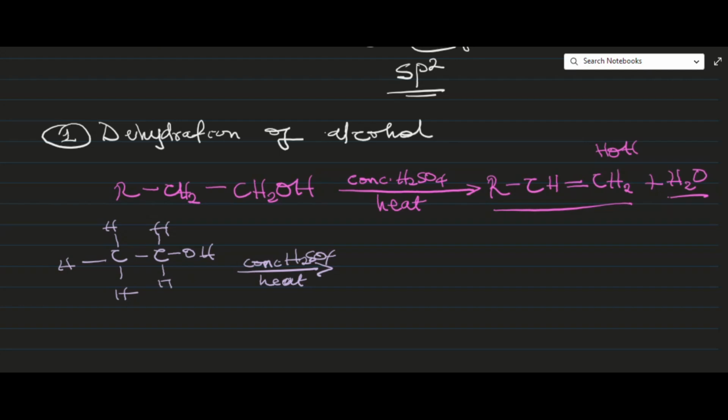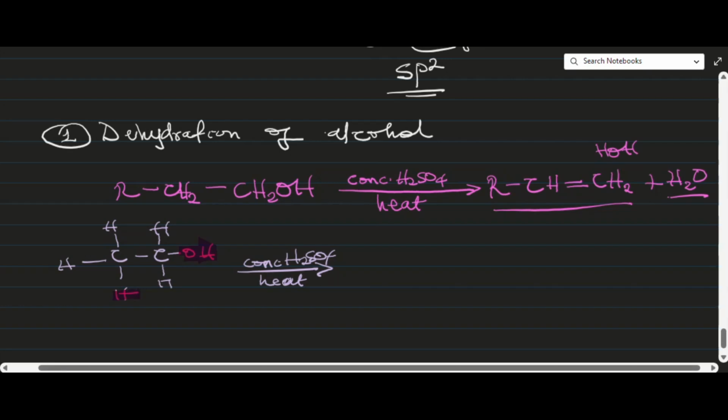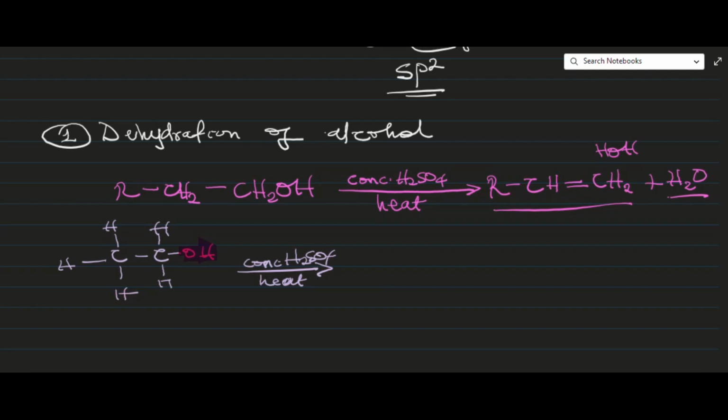Don't forget to mention the condition of the reaction. It is very important. So this OH will go, and one of the hydrogen atoms here will go. Remember, it is important you don't remove the OH and the H, both of them, from one carbon atom here. You don't do that because you are forming a double bond, and a double bond is across the two carbon atoms.